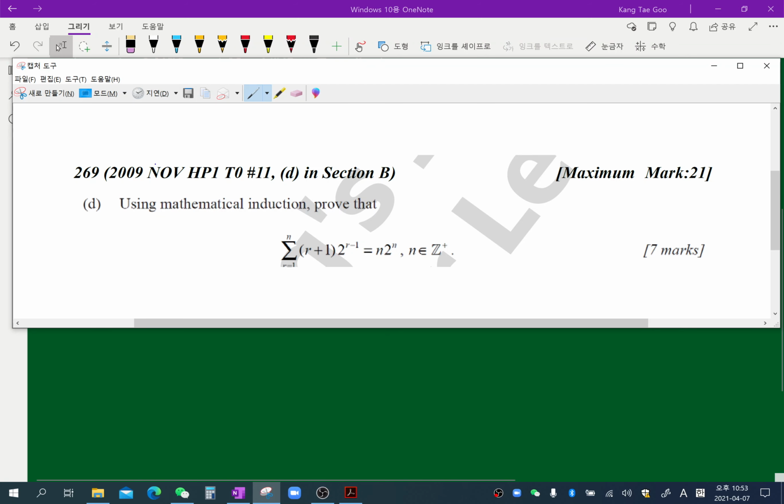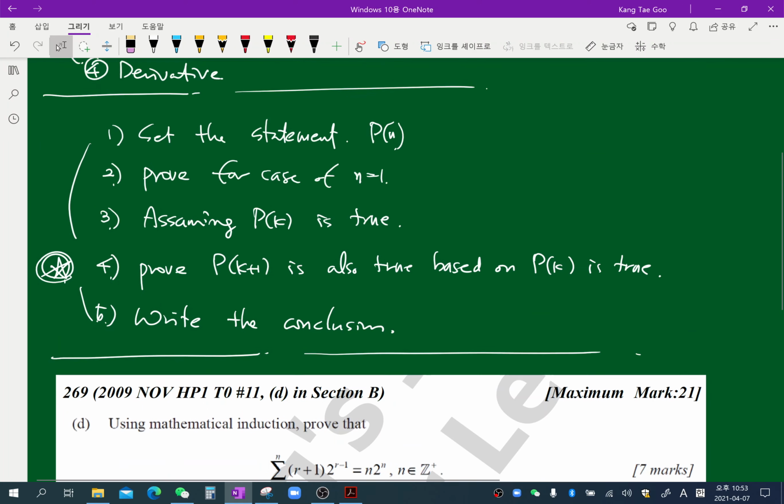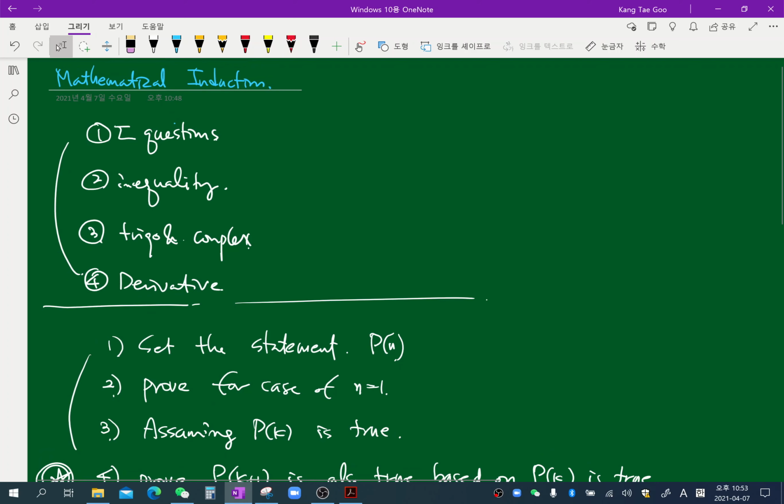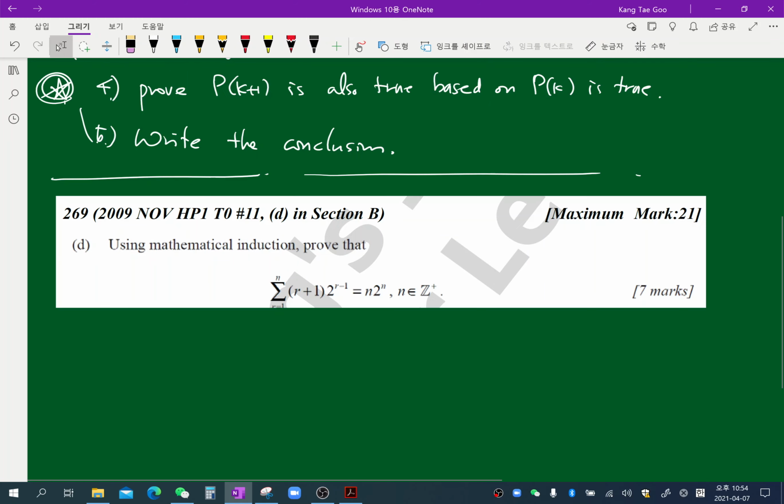This is the first question. I forgot to put one more thing here, that is divisibility, and there is one more example about divisibility as well. Anyway, the first example is this one.